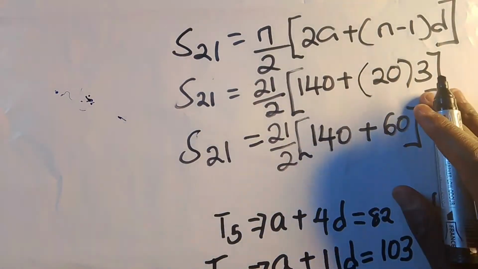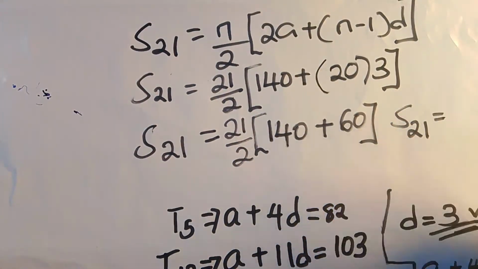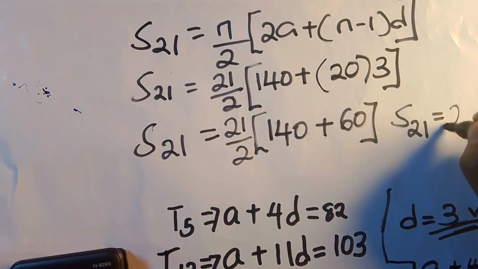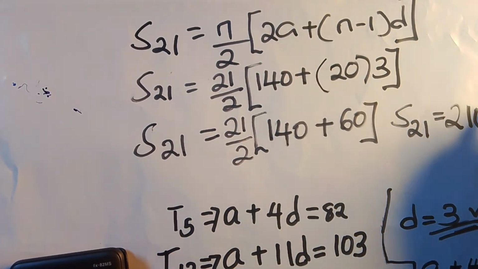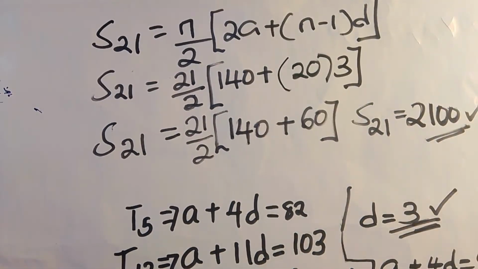So the sum of 21 will be equal to 140 plus 60, which is equal to 200. 200 times 21 over 2, or 10.5, will be equal to 2,100.